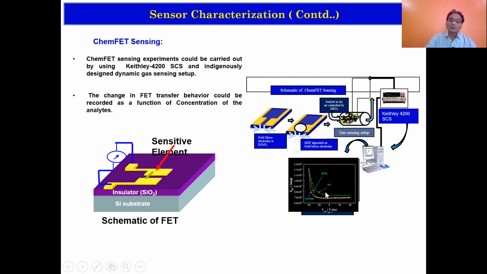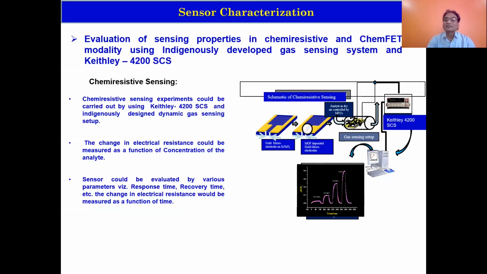A third option is also possible: you can keep both VGS and VDS constant, and allow your drain to source current to be modulated by your gas analyte. In that case, the curve will look like chemical resistive sensing, but it's not chemical resistive sensing. It would be a ChemFET, by keeping VGS and VDS constant.